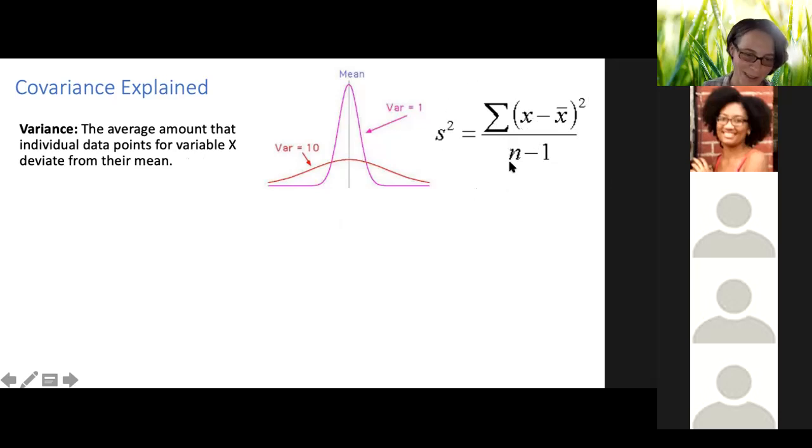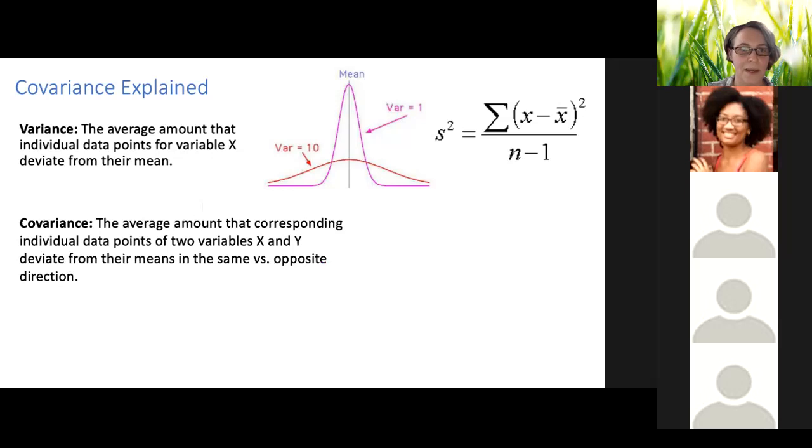By dividing by n minus 1 instead of n, we're making it unbiased, but it's not very efficient, right? We're making it more variable across multiple samples. We can interpret the variance as the average amount that individual observations deviate from their mean. So it's the average deviation of data points from their mean.